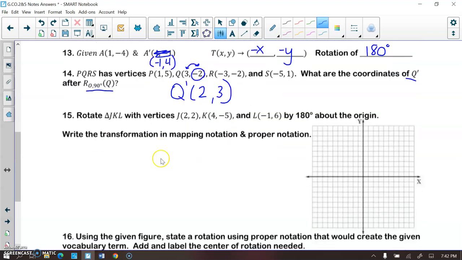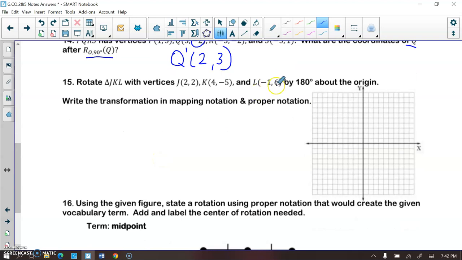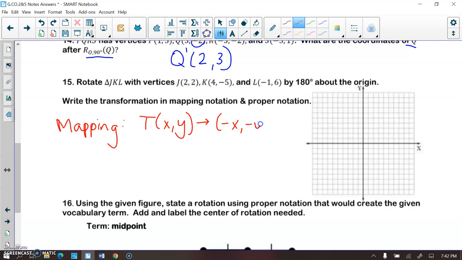Great. Number 15. I'm going to rotate this figure 180 degrees about the origin. So proper mapping notation, we can easily do that now because we know what a 180-degree rotation looks like. It looks like making the x and y the opposite.